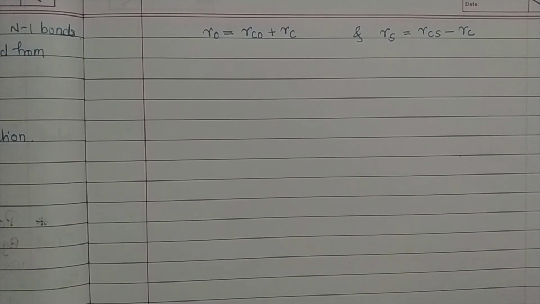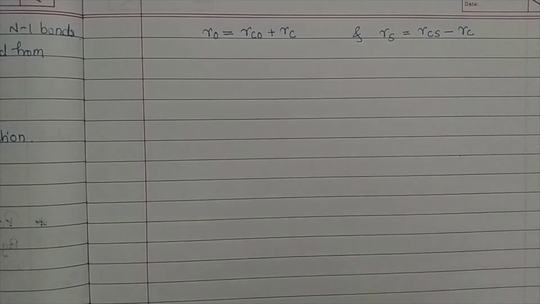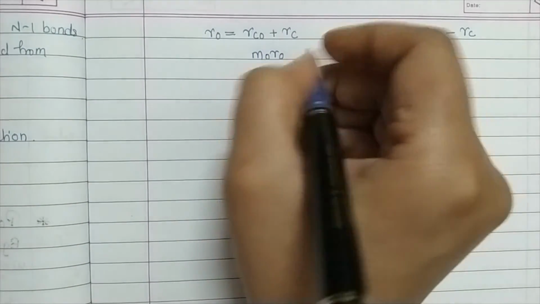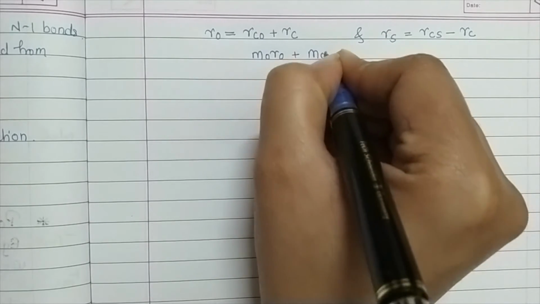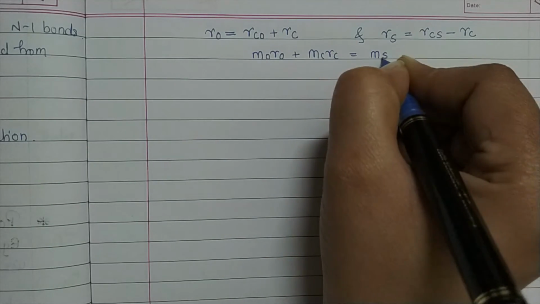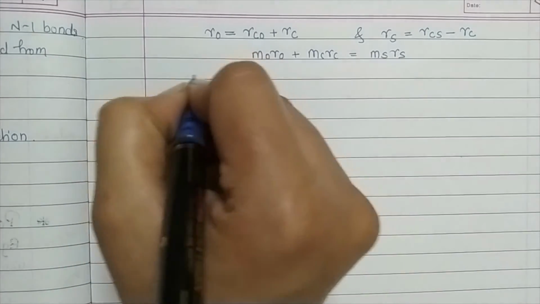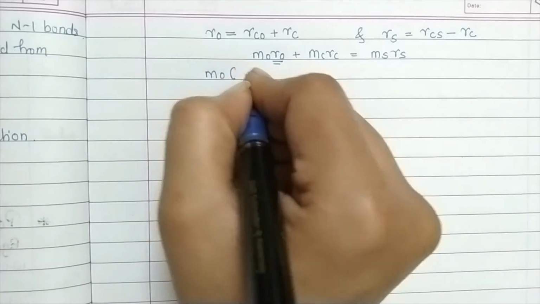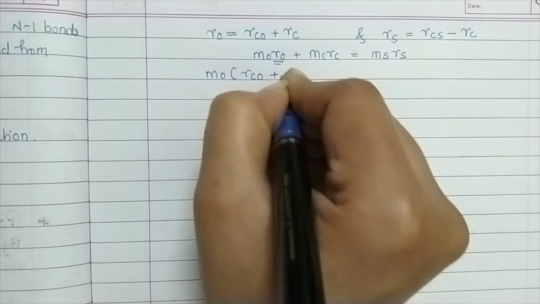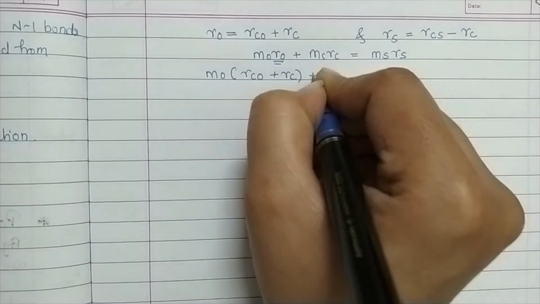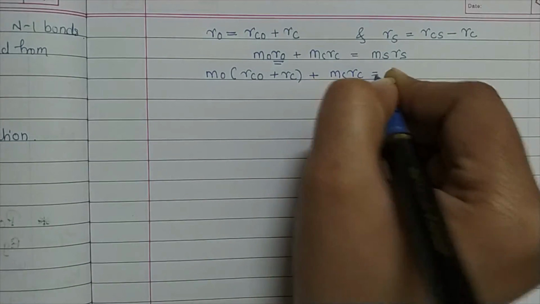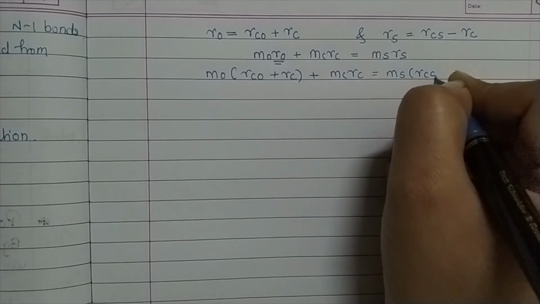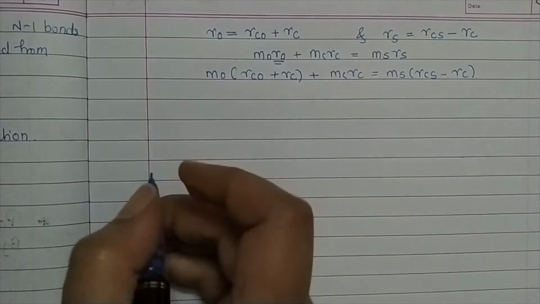So now, we know that MO RO plus MC RC is equal to MS RS. So MO, substituting the value of RO, that is RCO plus RC, plus MC RC as it is, equals MS, substituting the value of RS, that is RCS minus RC.